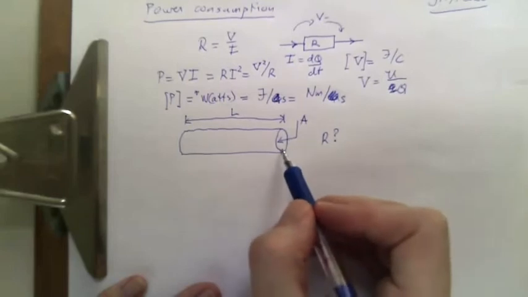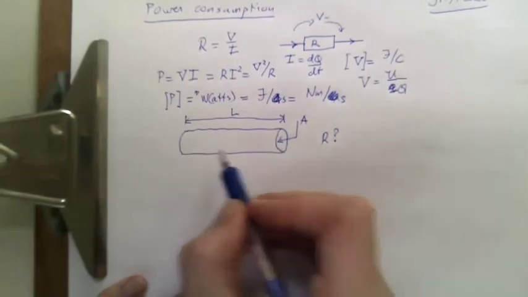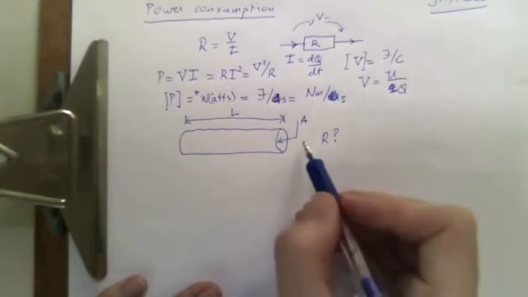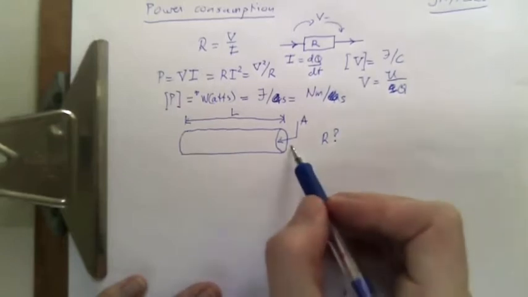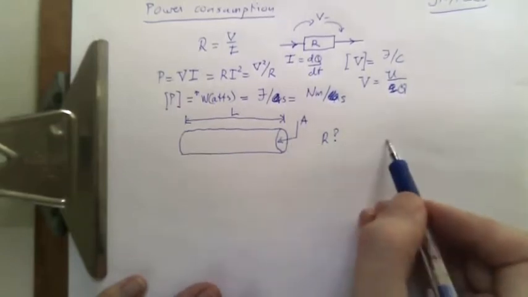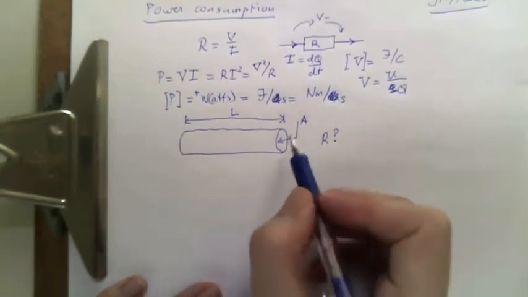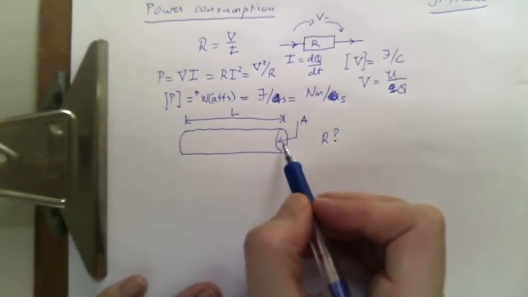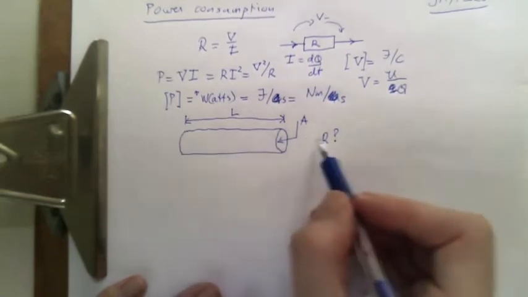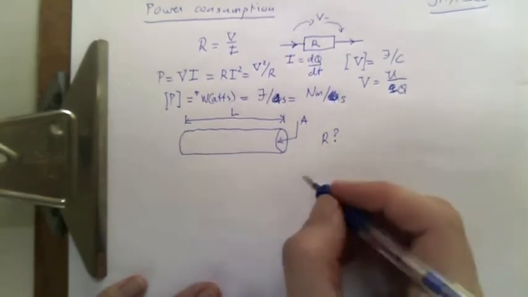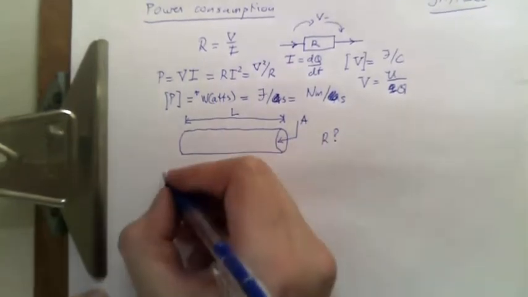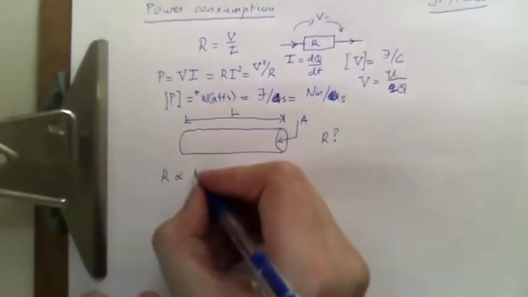So the total resistance of this wire would be this one plus that one. And if we add 2 meters, for every meter that we add, there's another whatever unit of this is. So this resistance has to be proportional to the number of meters that you have in the cable. So we know that R is proportional to L.